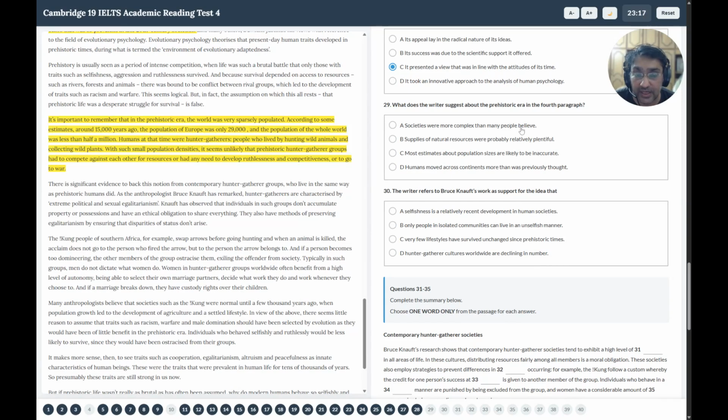Societies are more complex than many people believe. Supplies of natural resources were probably relatively plentiful. Most estimates about population sizes are likely to be inaccurate. Moved across continents that was more than was previously thought.